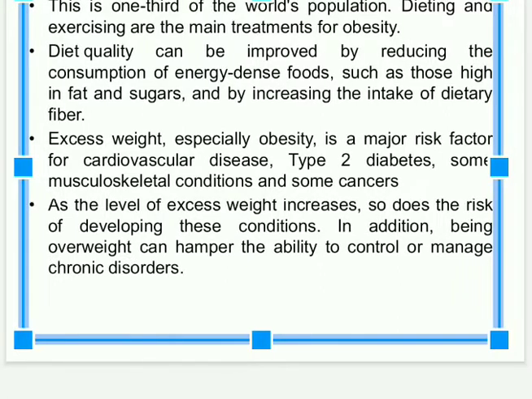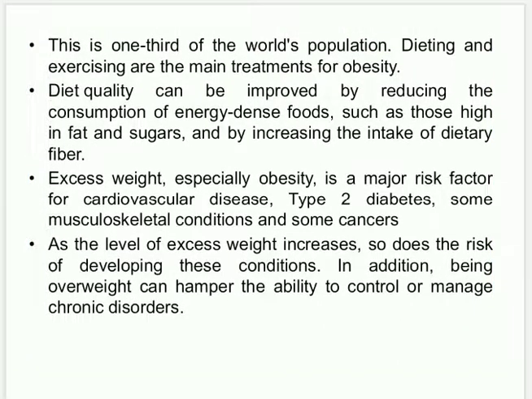So, in obesity, the treatment is to take a high quality diet with decreased fat content and sugar content, and good nutritional quality food.